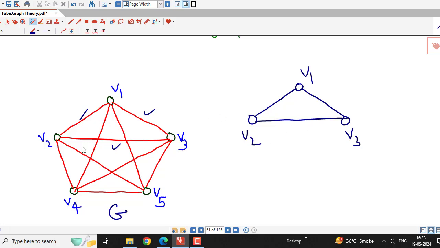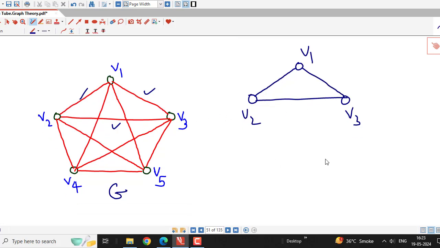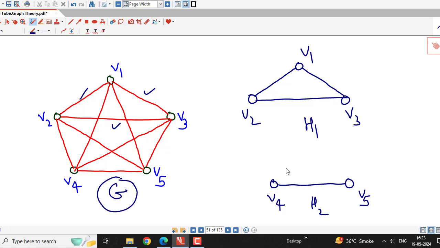Then this is a subgraph of this graph G. Similarly, I can consider another subgraph also. Here I have taken V1, V2 and V3. Suppose I consider only V4 and V5. Then I will obtain another subgraph, V4 and V5 and this edge. Suppose I denote this by H1, this by H2.